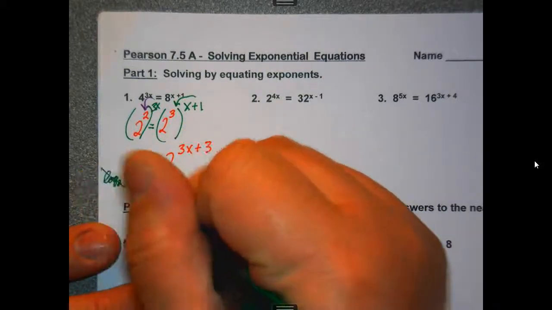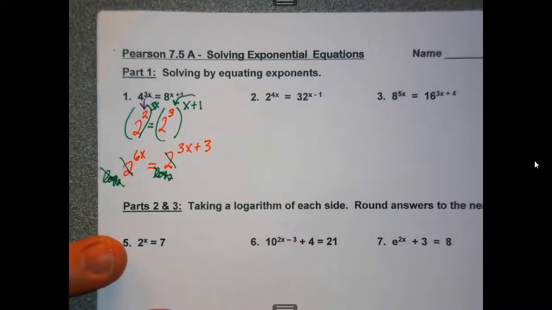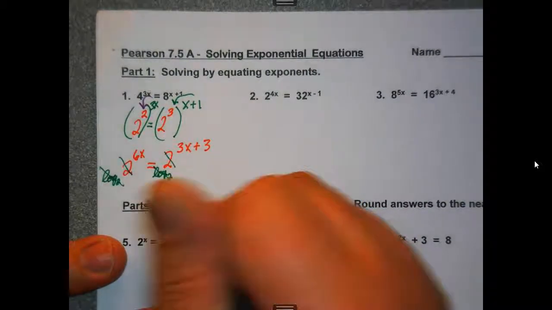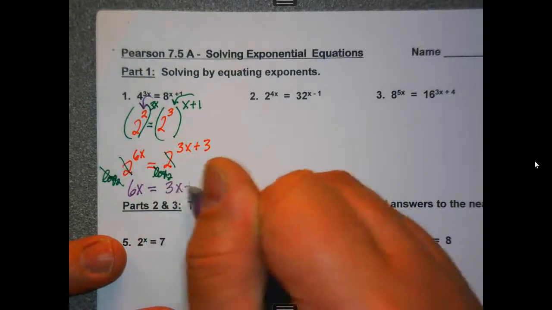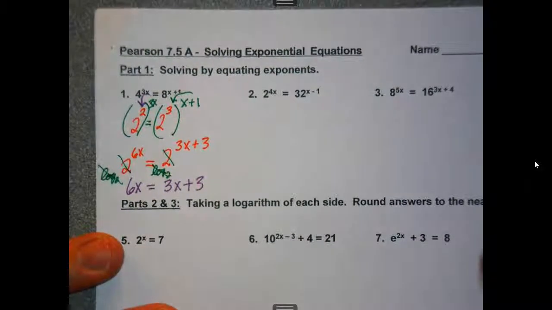So it cancels out that 2. And what am I left with? Okay. What does x equal? 1, right?